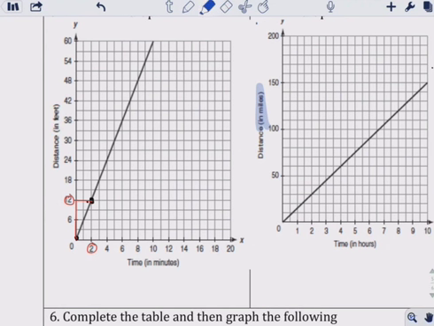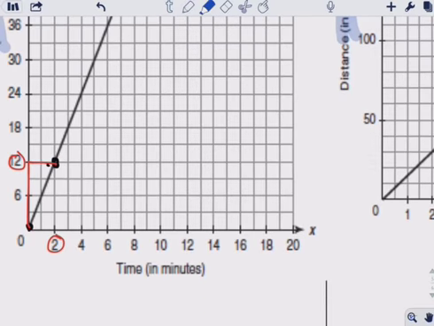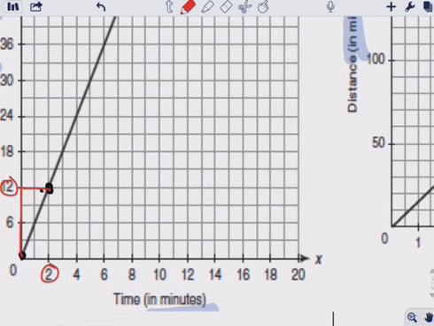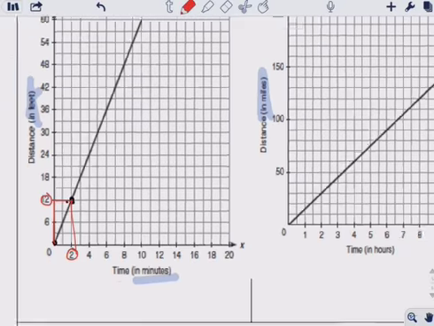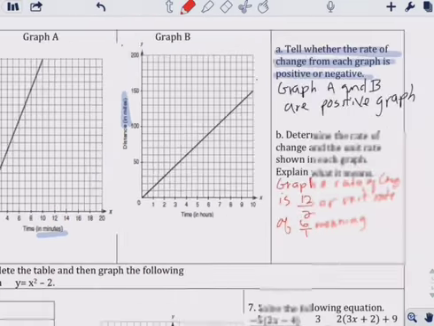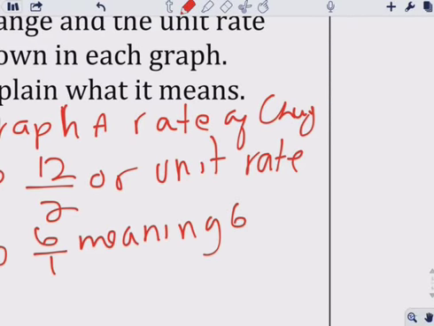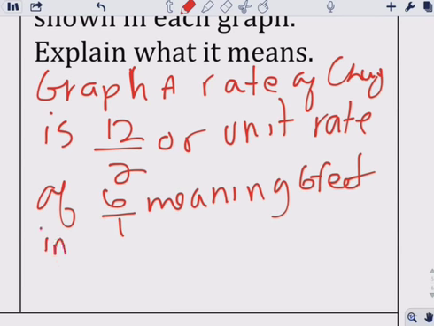This is 6 feet in 2 minutes. This animal's slow, whatever animal it is, meaning 6 feet in 1 minute. Or 12 feet in 2 minutes.